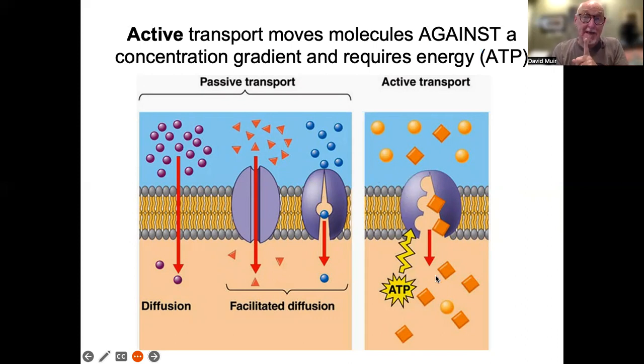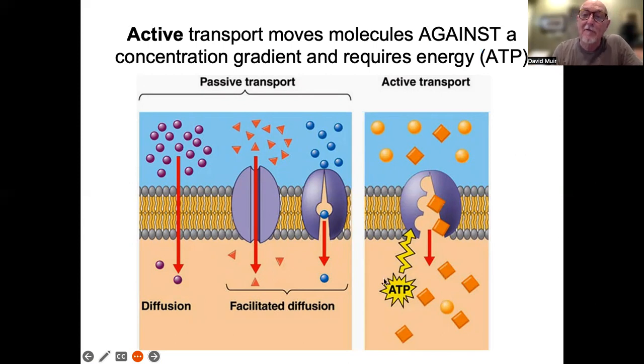And what is critical here is all of these diffusive processes, they allow movement from high concentration to low concentration. Active transport allows the transport against a concentration gradient into an area of already high concentration. So these are very important, critical molecules which are being moved against a concentration gradient.